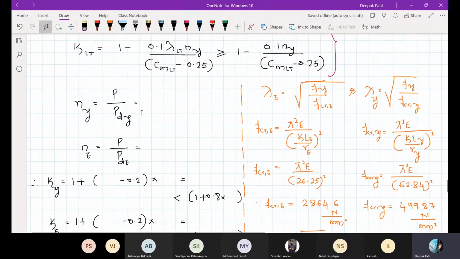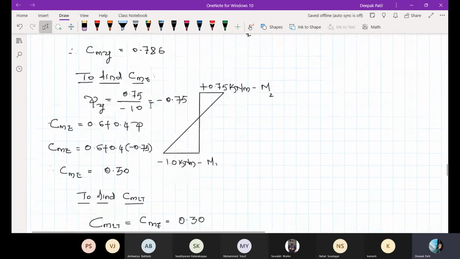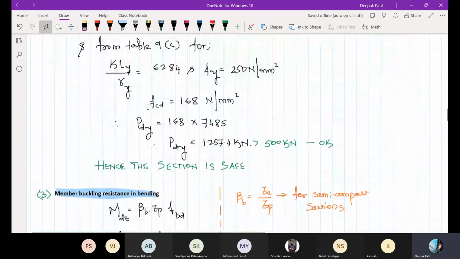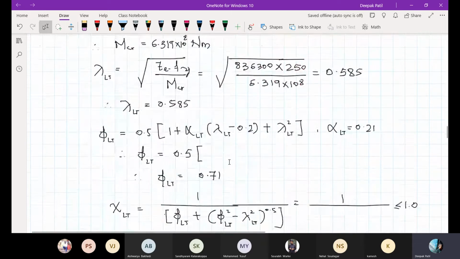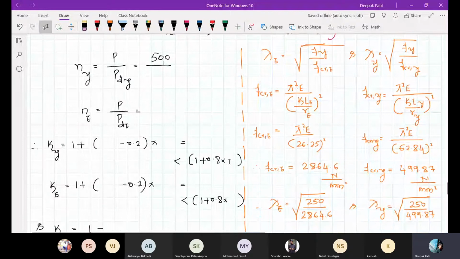NY is the ratio of the actual applied load divided by the capacity of the column along the minor axis. P is 500, the actual compressive load applied on the column, and PDY, which we have calculated just now, is 1257.4.